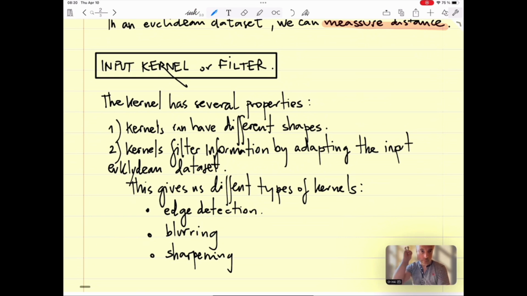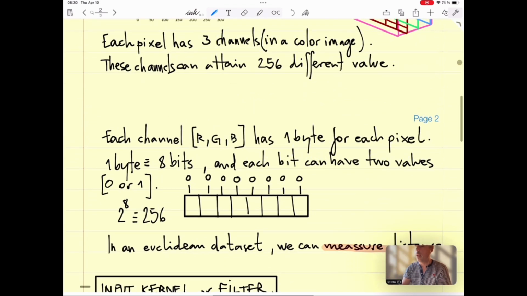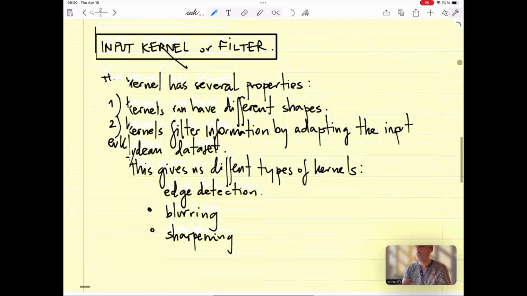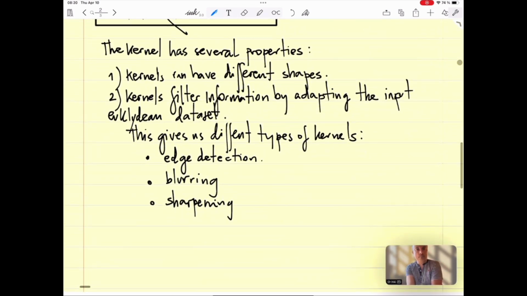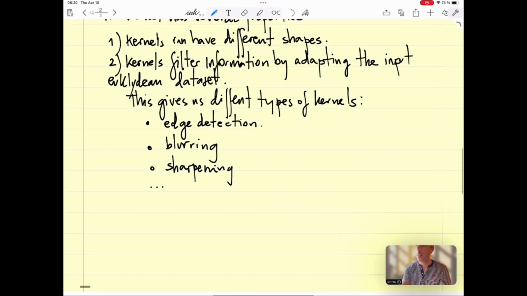There are many, okay? So we will see 3 or 4 examples, but there are like, I don't know, hundreds. So let's look at examples.